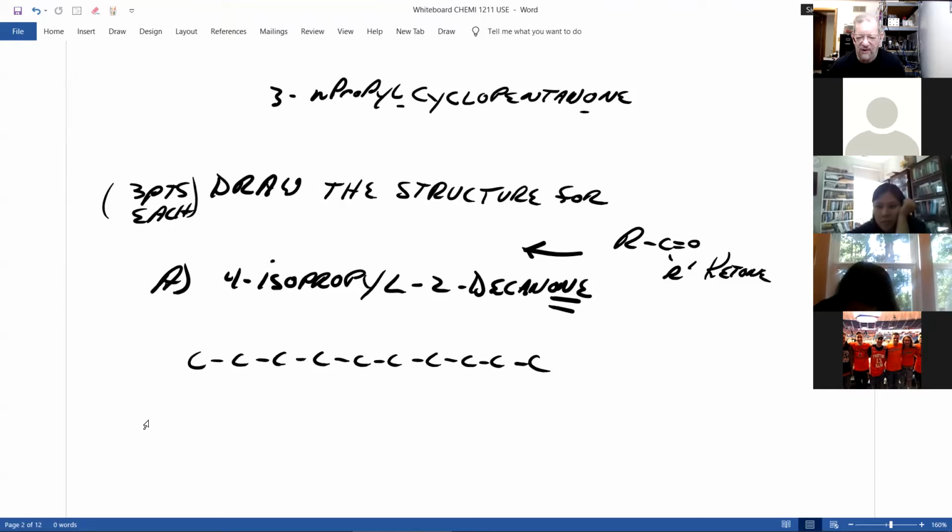Now, where is the carbonyl carbon? On carbon 2. I'll call this 1, this 2. And then on carbon 4 is an isopropyl group. Isopropyl, 3 carbons, the center carbon is attached to the chain.